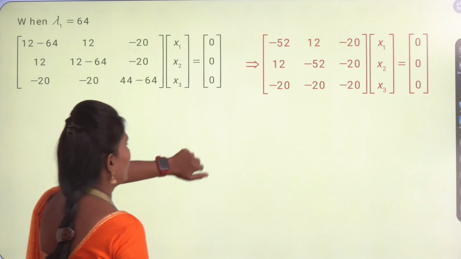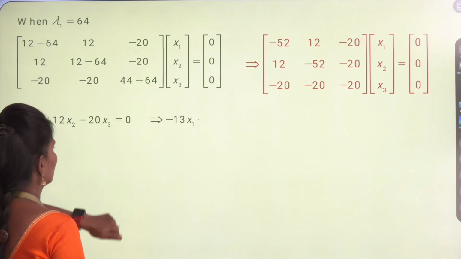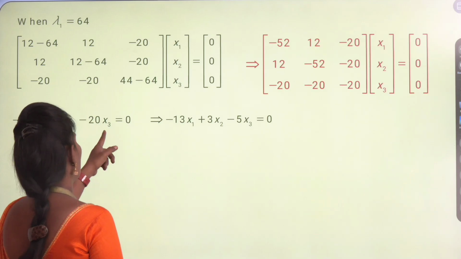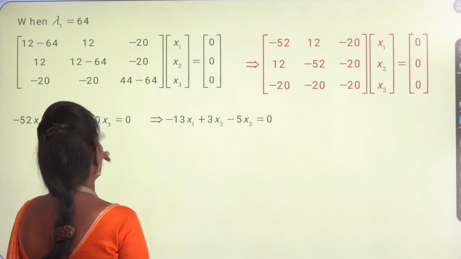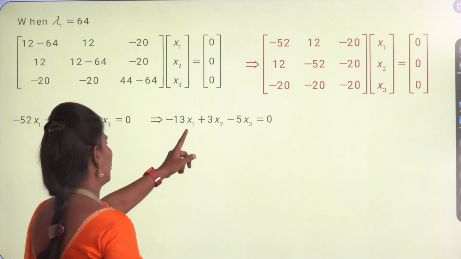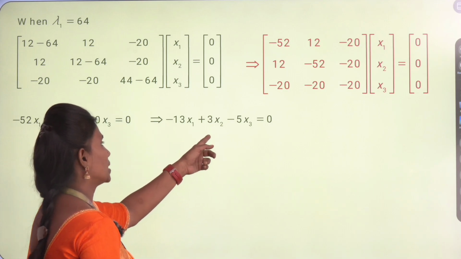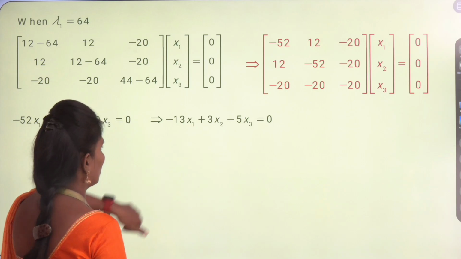After performing the multiplication, we get the equation. There is a common term; we take the common value 4 outside, and we get minus 13x1 plus 3x2 plus minus 5x3 is equal to 0.